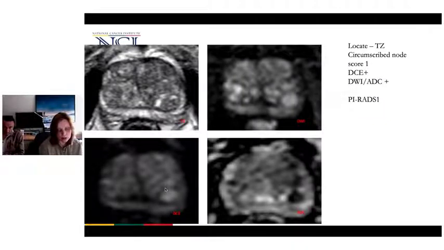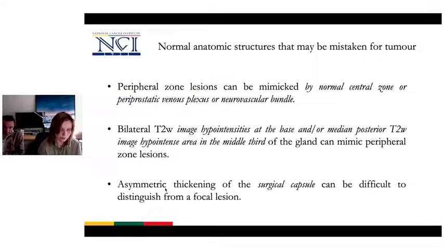So it's PI-RADS 1, a lesion in the transition zone, an absolutely benign adenomatous node. For normal anatomic structures that can be mistaken for tumor, we should look through all the sequences, and if some lesions seem very hypointense or very bright on diffusion, look at them again on T2 and on contrast enhanced images.